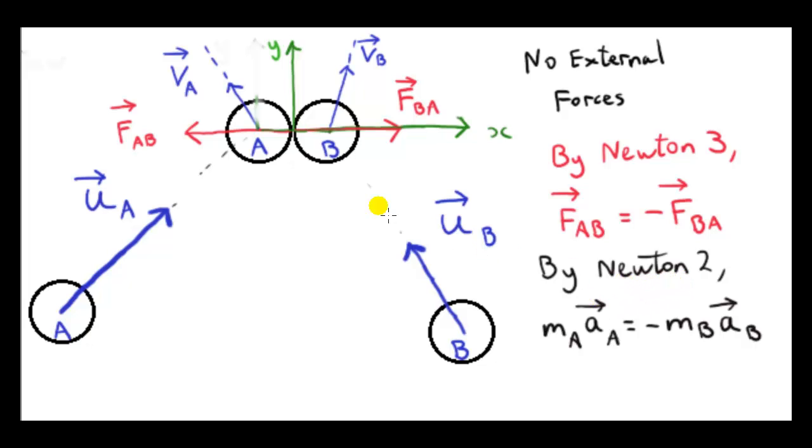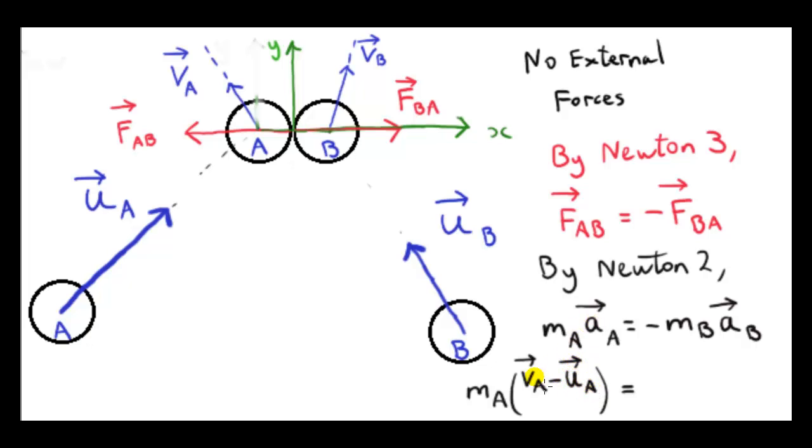Now we can apply Newton's second law. The resultant average force on sphere A is FAB, and that's equal to the mass of sphere A times the average acceleration of sphere A. And we have a similar situation for the force on sphere B. Now, to get the average acceleration of sphere A, we have to take the velocity of sphere A immediately after the collision, which is VA, shown here, and subtract the velocity immediately before the collision, which is UA.